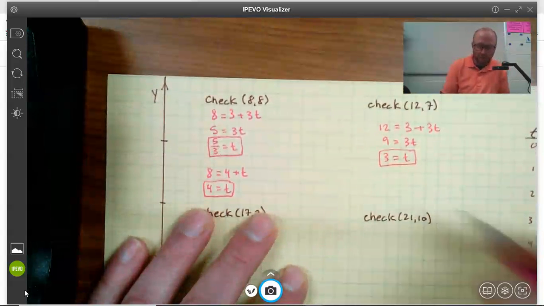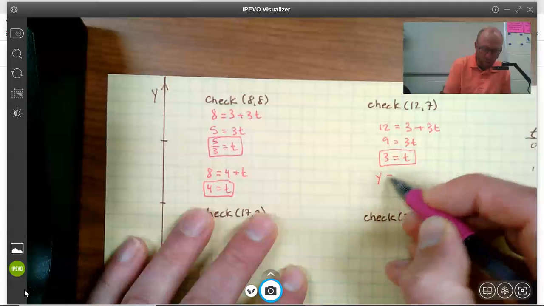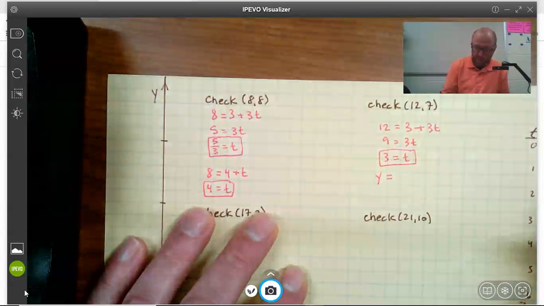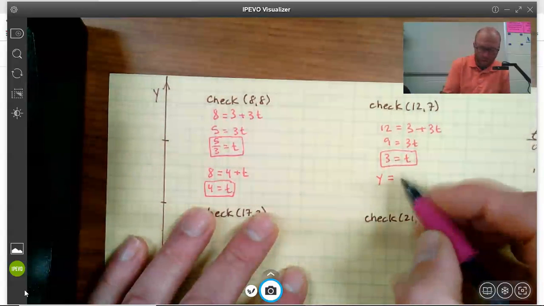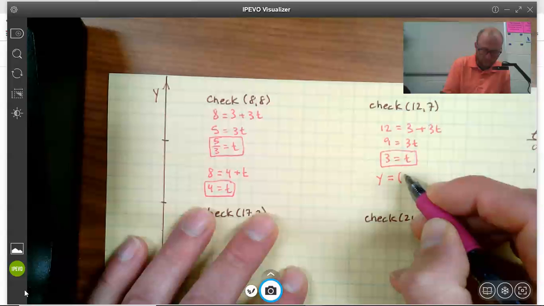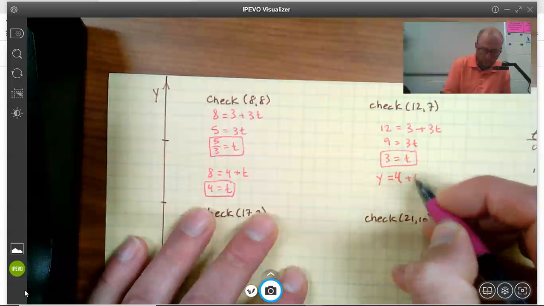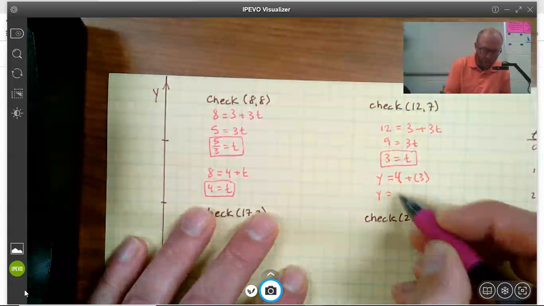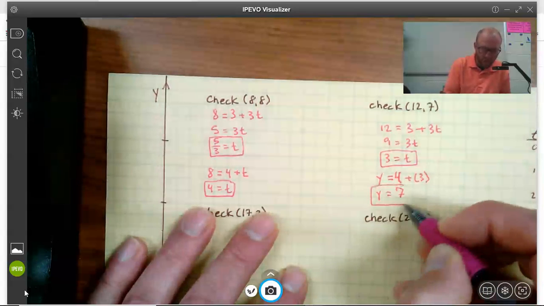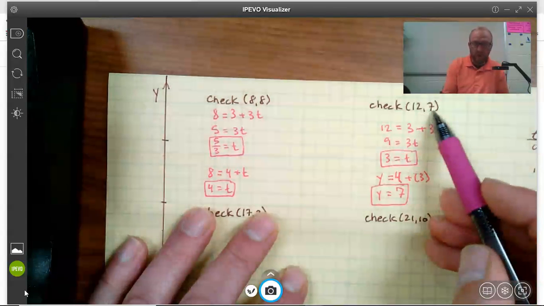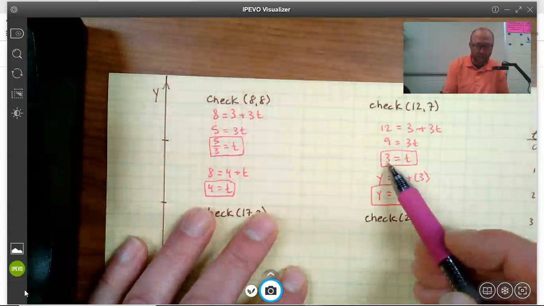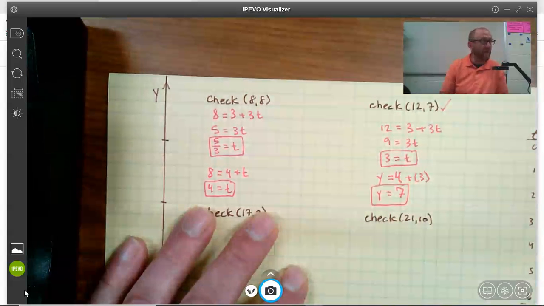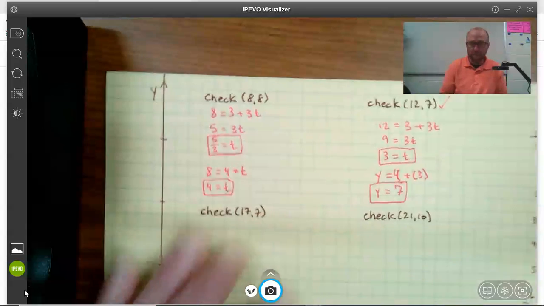Now let's see what happens when I go to y, and this time instead of solving for y, I want to substitute this 3 in for t in our rule for y. So it'll be 4 plus 3. So y equals 7. And we check. Well, that's the output we expect. So this t value of 3 gives us both a 12 and a 7. So check. That point is on the line.